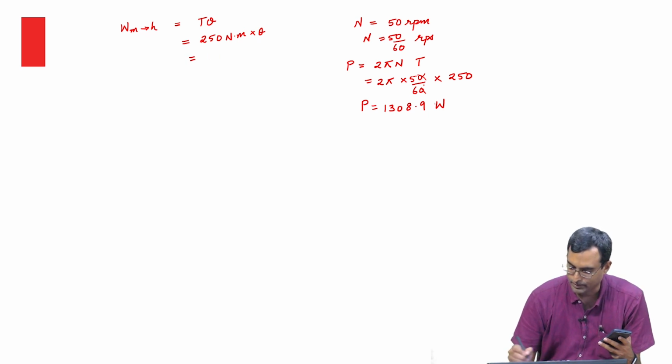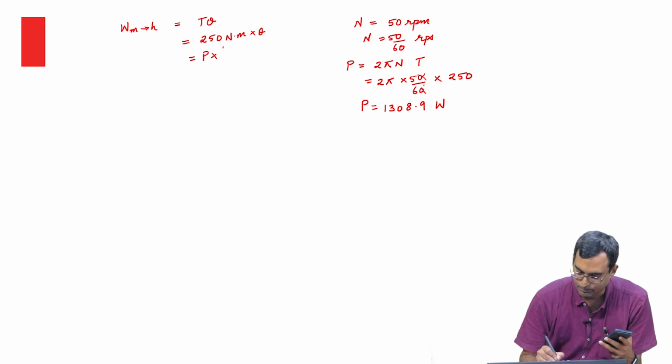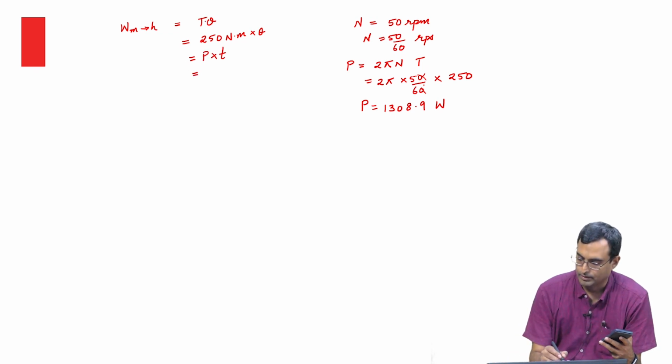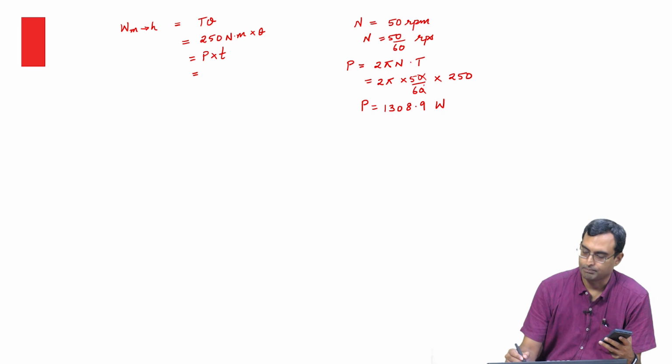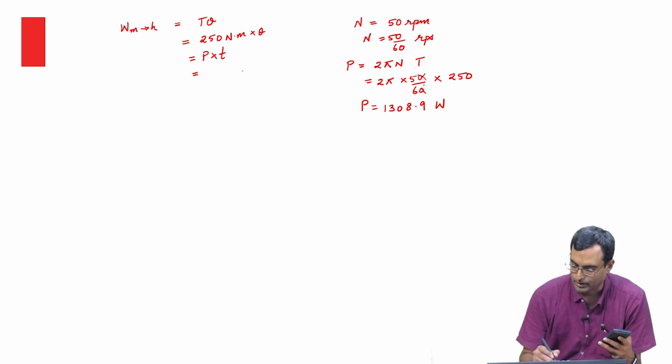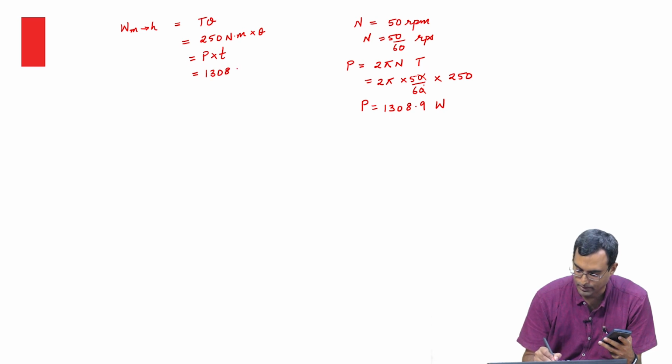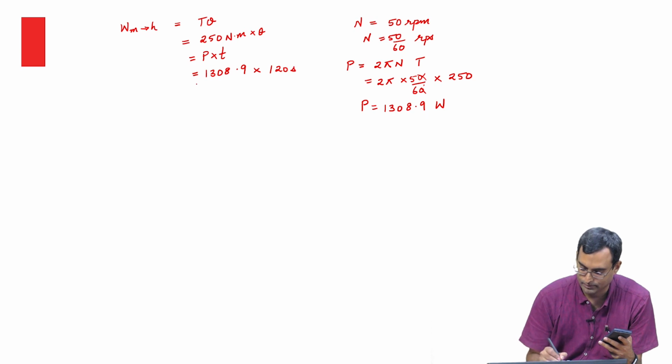This can also be written as power into time. So, T over here is this 250, theta is essentially 2 pi n times time. I haven't put in the time yet, so I have rewritten it in this fashion. So, now I can write this as 1308.9 into the time, which was 120 seconds.